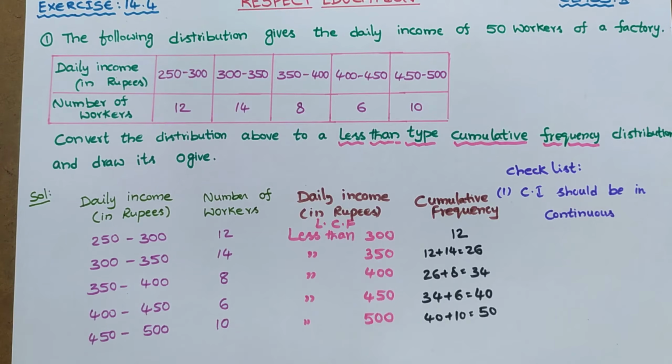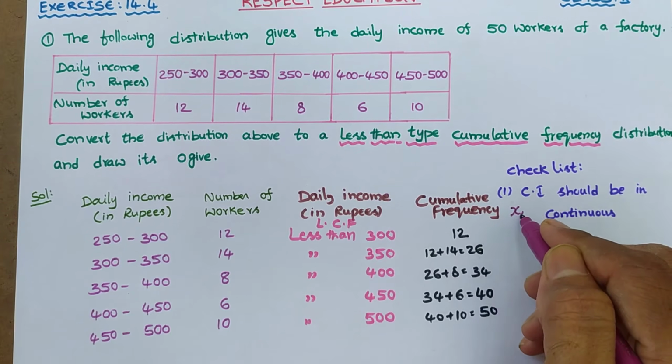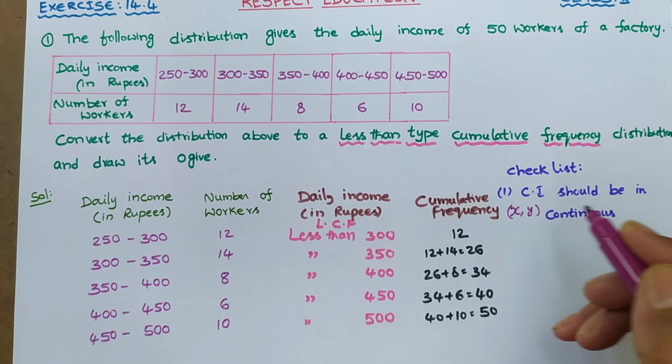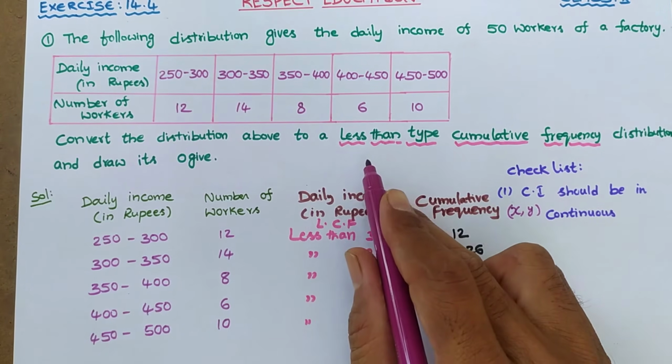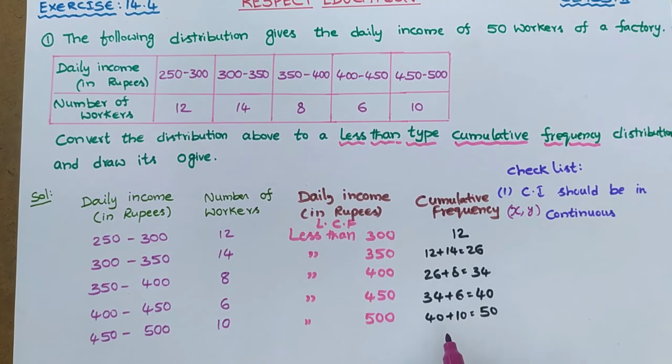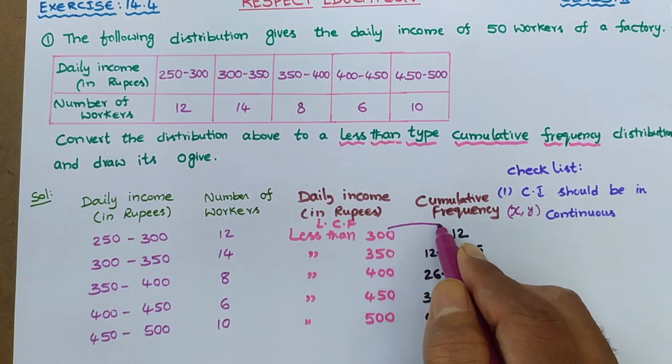Now the final thing is that we should write the points for drawing the graph, for drawing the ogive. So here I am writing x, y. In less than type cumulative frequency, we should take these two values together.